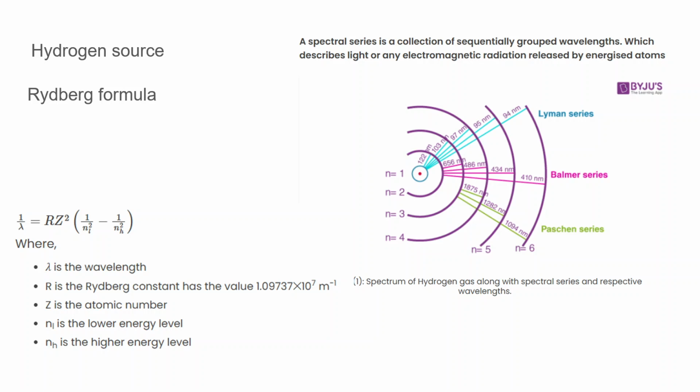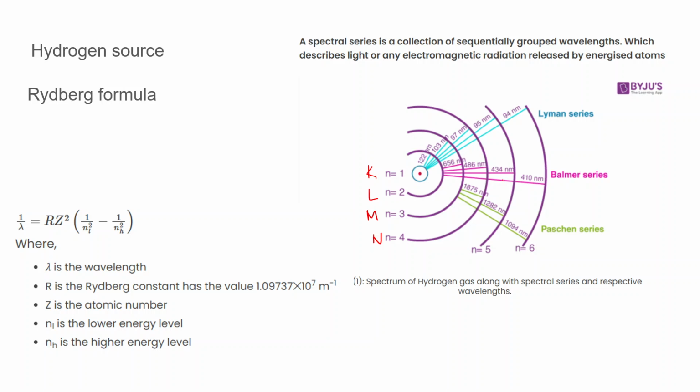Whenever an atom's electron gets excited to a higher state, like here we have an atom. These are its various shells, K, L, M, N. As you can see, n equal to 1 represents the K shell, this is the L shell, this is M, N, and so on.